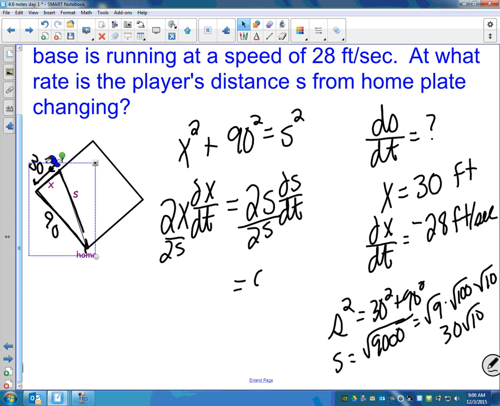And I'm going to say that ds over dt. Is that right? Am I right? Have I messed it up?